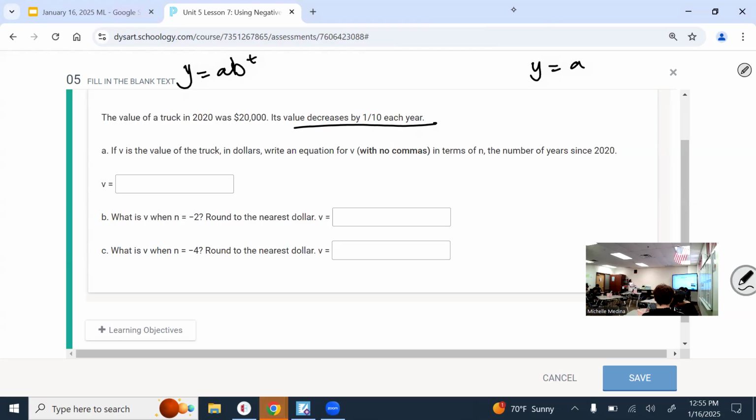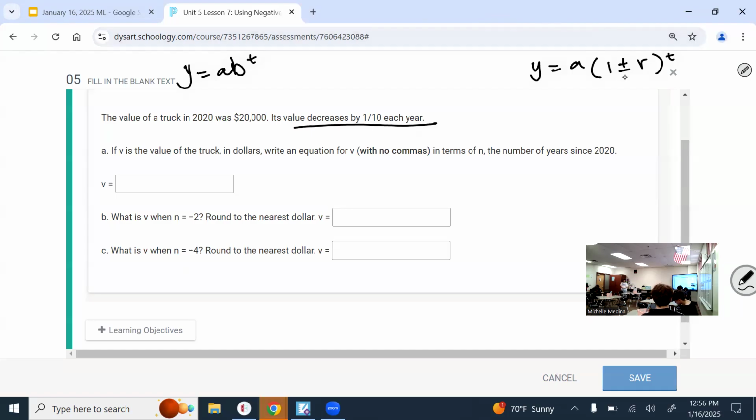And then you have one where they're telling you what it's decreasing by each time, or the growth rate. So based on the description, what setup should you use? The one where you can see the common factor, or the one where you can't?